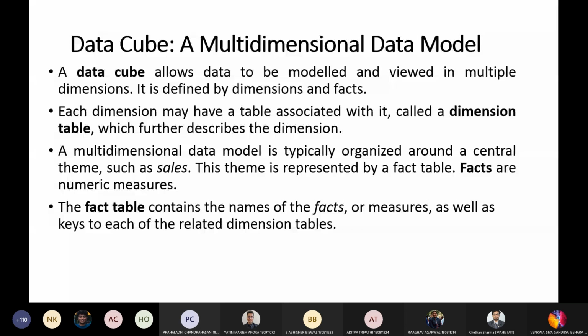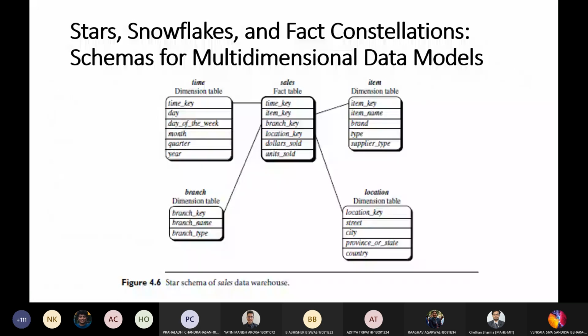It is something like this. We'll just see. So fact tables are usually your numeric measures. If you want an example of facts related to sales, it could be dollars sold, that is, the amount of sales which has taken place in terms of dollars.